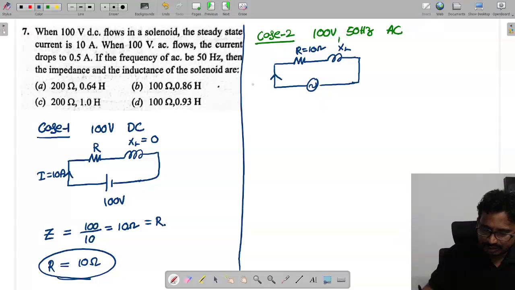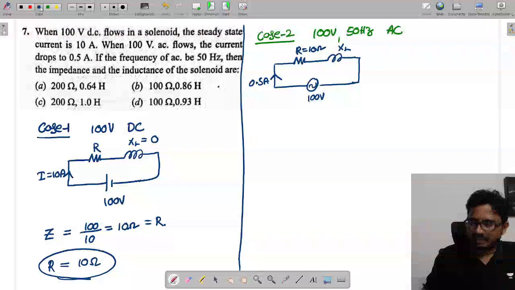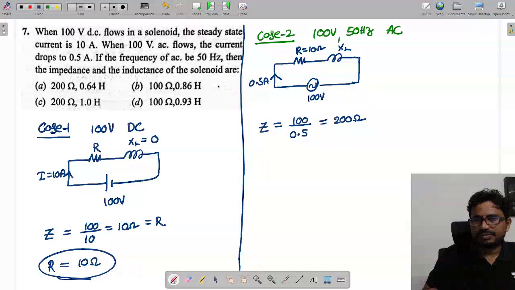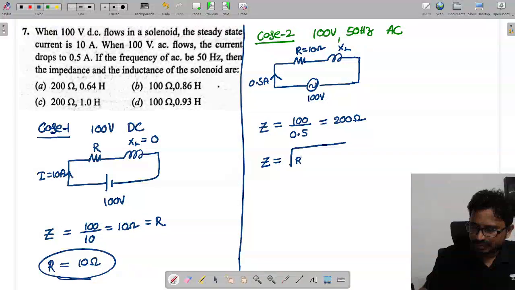The current given is 0.5 amps and the supply is 100 volts. So Z is equal to 100 by 0.5, which is 200 ohms. What is Z from the circuit? Z is equal to the square root of R square plus XL square.